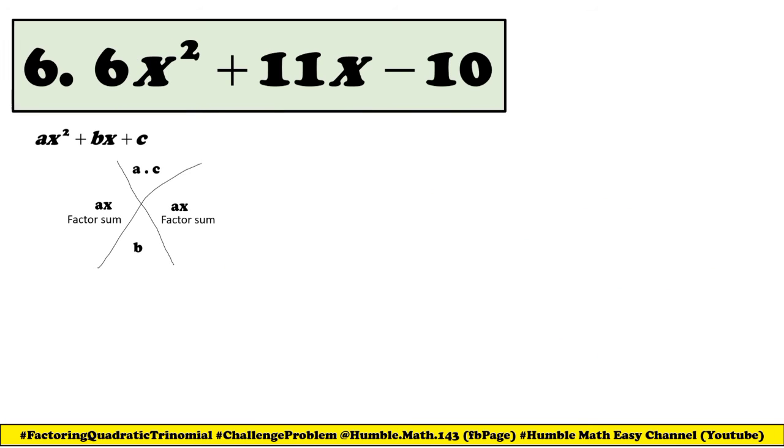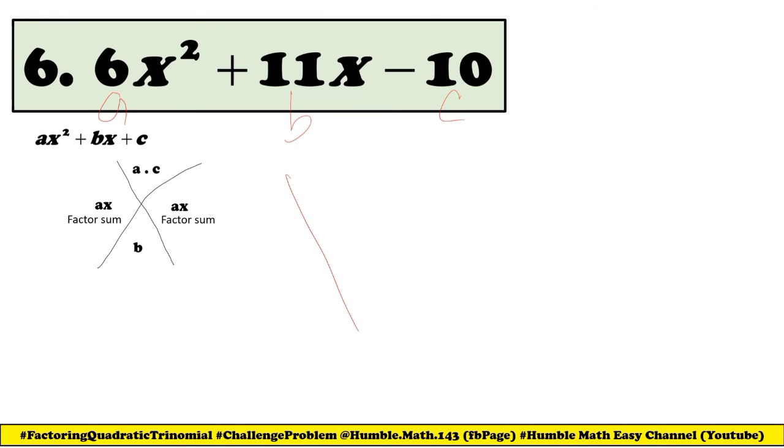So let's proceed now to another example, that is 6x squared plus 11x minus 10. So what we have now is the value of a, which is 6, the value of b, which is 11, and the value of c, which is negative 10.